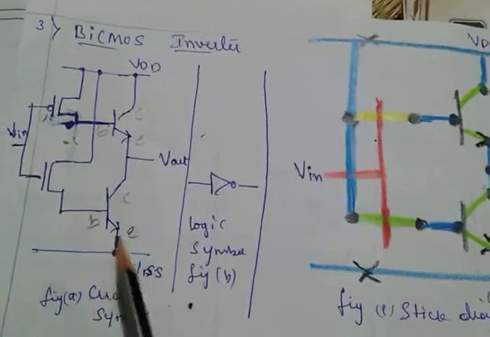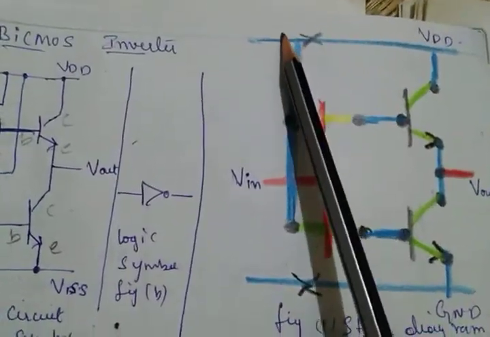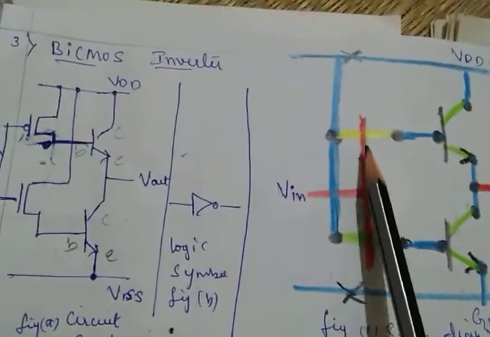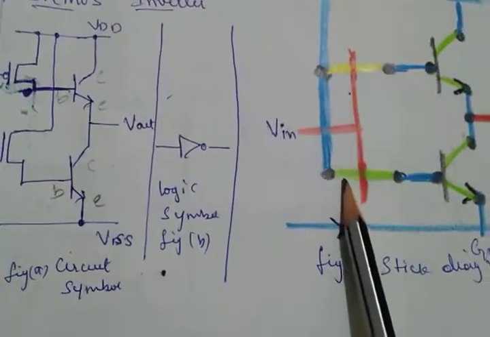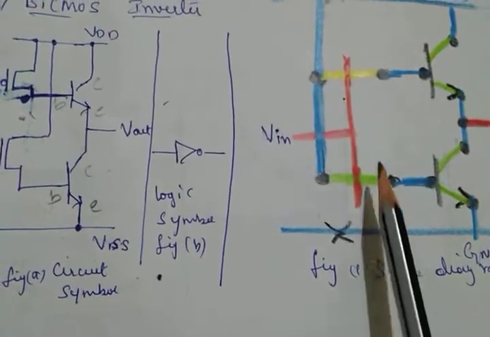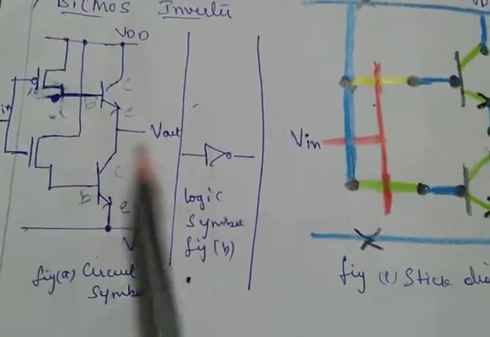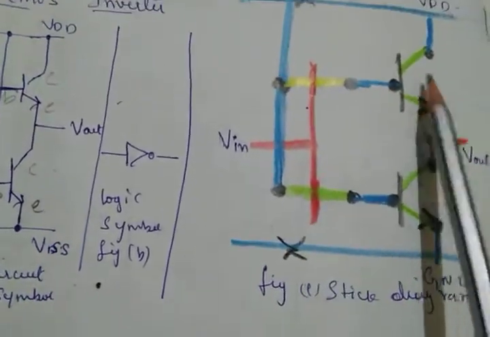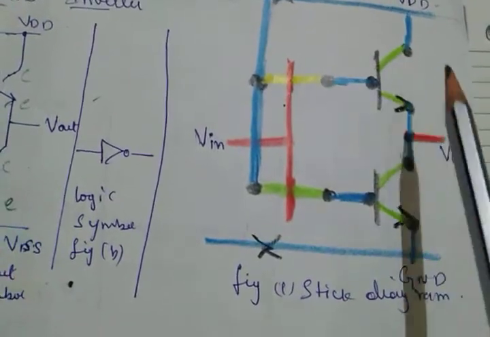Whatever the circuit is, you can draw the same. VDD is blue color, this is also blue color, and this is the PMOS I'm using. This is the nMOS, green color, and this is the polysilicon. Here the transistors are formed, the PMOS and nMOS transistors, and these are BJT 1 and BJT 2.